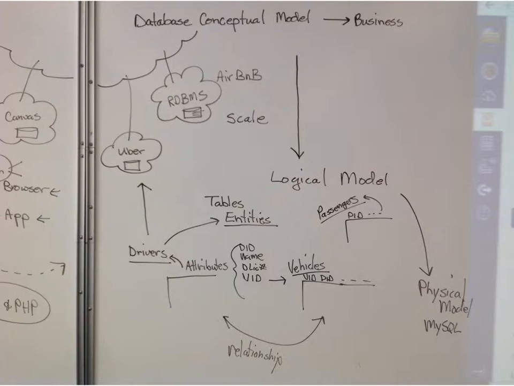The first thing we talked about here was the conceptual model. It's kind of like the business point of view. They have an idea, and we looked at a couple of them here. One, we looked at Airbnb. I've got a slide, we'll look a little more specifically at that.